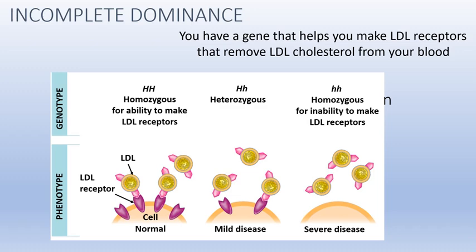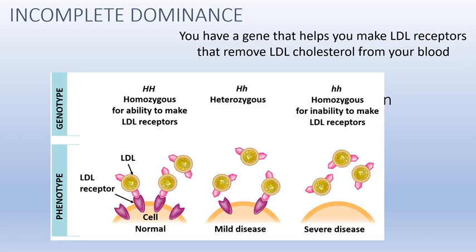As shown in the picture in the middle, you have receptors. They bind the LDL cholesterol, but you will still have an overabundance of LDL in your blood. Luckily, this can be managed with a healthy lifestyle, good food choices, and exercise. In fact, many people who are heterozygous with this condition don't know it until they get a little older.